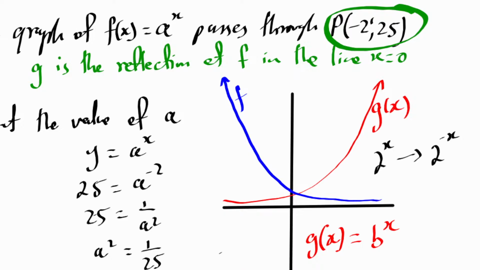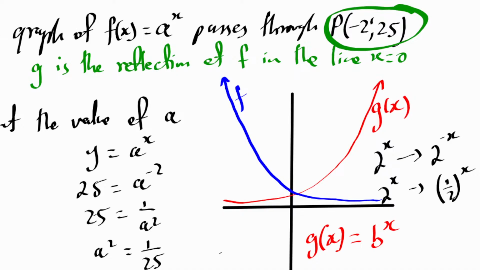So 2 to the x goes to 2 to the minus x. Watch: 2 to the minus x can be written as (1/2) to the x. So the reflection in the y-axis changes your graph from an increasing to a decreasing function, if you like.